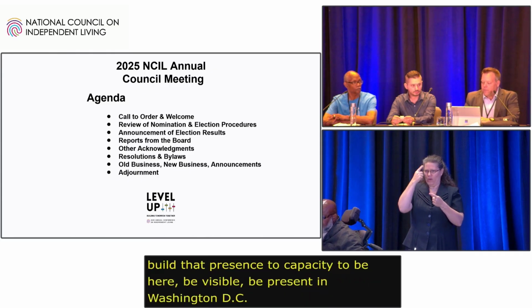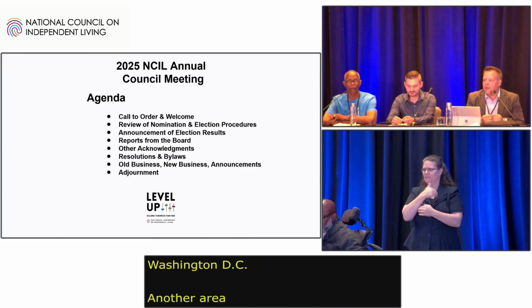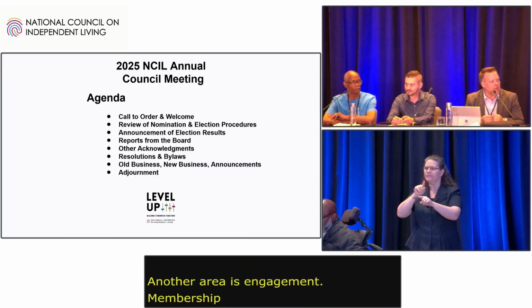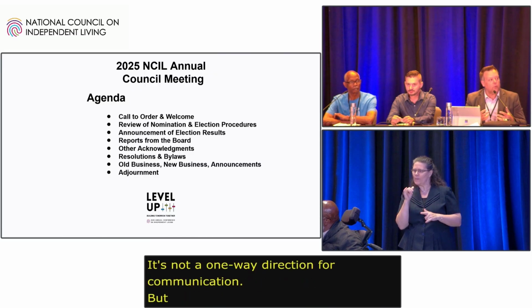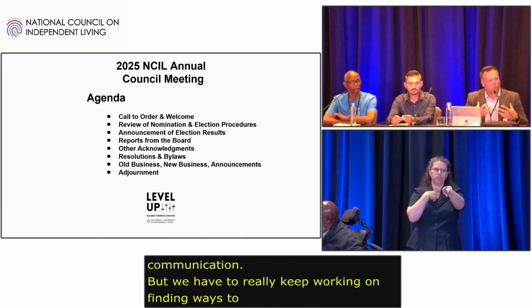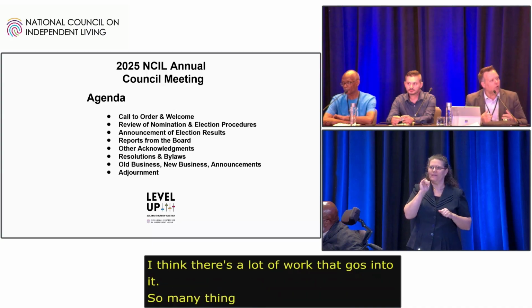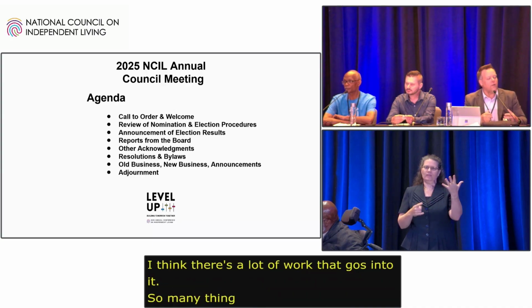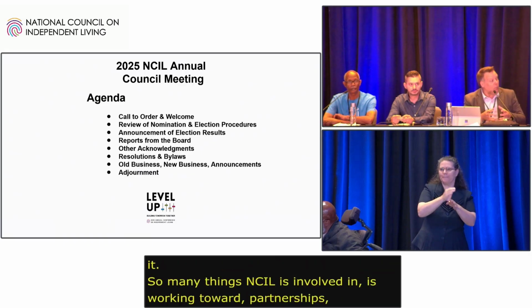Another area, if I can get my list to move here, is membership engagement. It's not a one-way direction for communication, but we have to really keep working on finding ways to improve communication. I think there's a lot of work that goes into it. There's so many things that Nickel is involved in, is working toward, partnerships, strategies, and it's got a small staff, right?